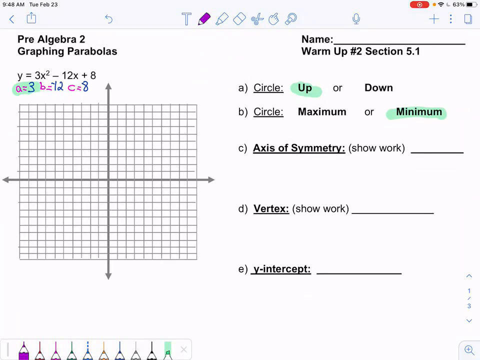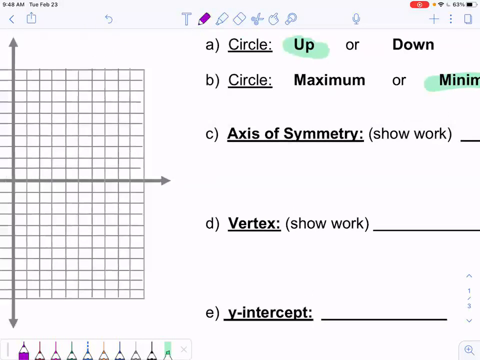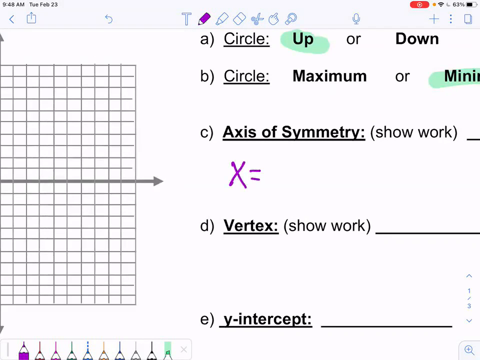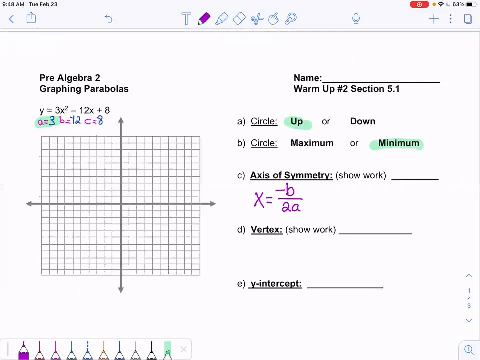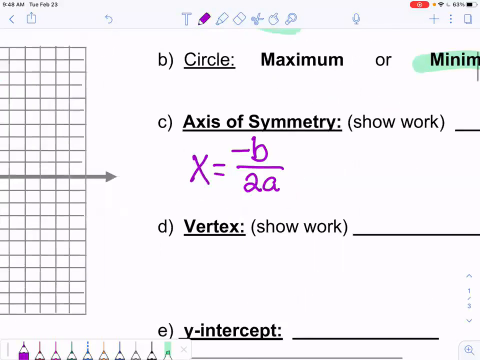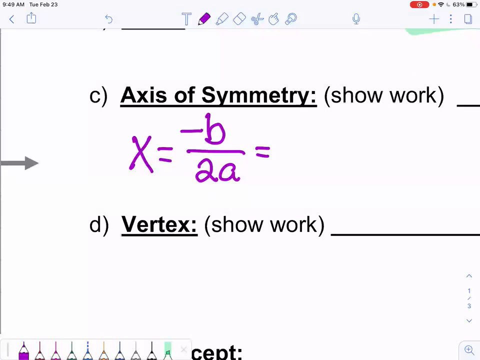Haley, what's the formula for the axis of symmetry? What does x equal? Remember, it's a negative b over 2a. So we're going to plug in. Our b is -12. When you plug in, use parentheses.